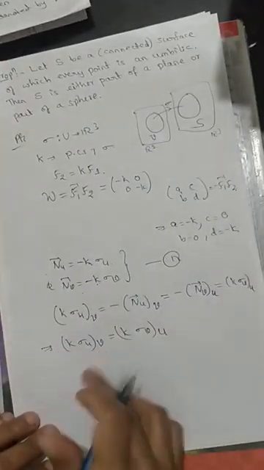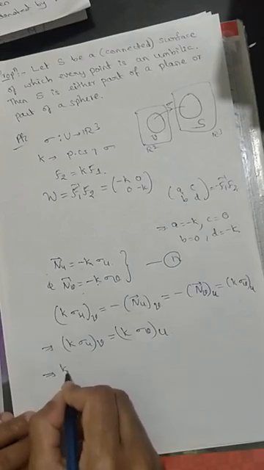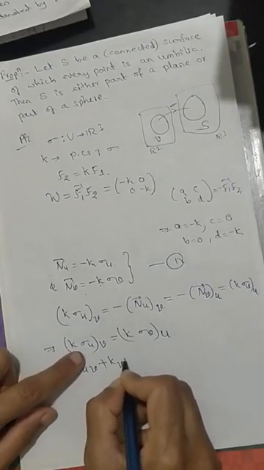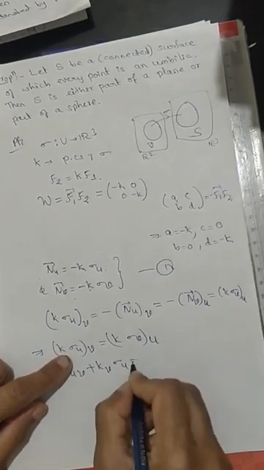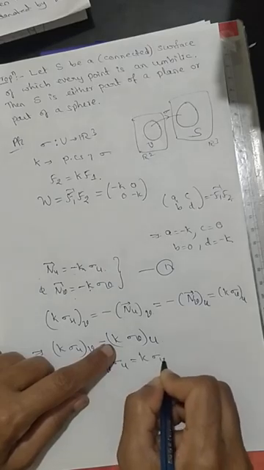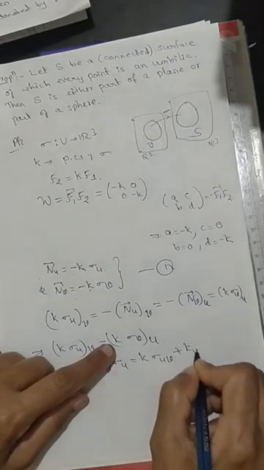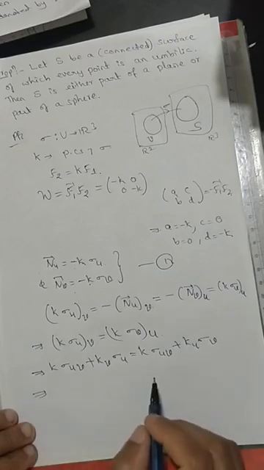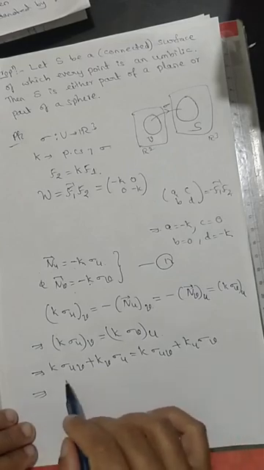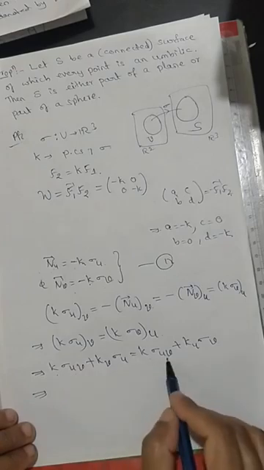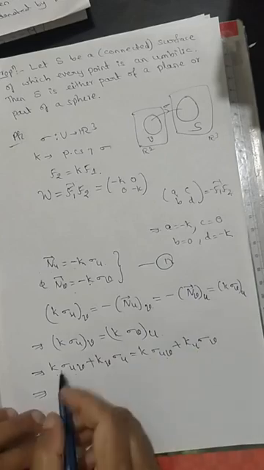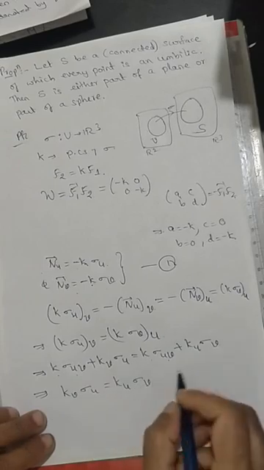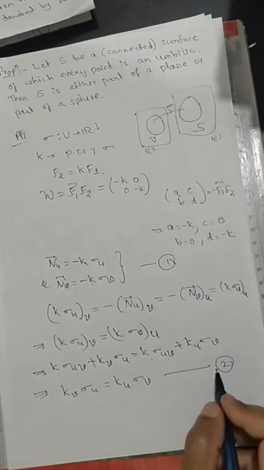So the derivative of this expression with respect to V, it is K sigma U V plus derivative of K with respect to V sigma U, and similarly here what we have, K sigma U V plus K U sigma V. Okay, so what we have here, K sigma U V, K sigma U V cancel, then we are left with these two, that is Kv sigma U is equal to Ku sigma V. Let me call this as the second statement.